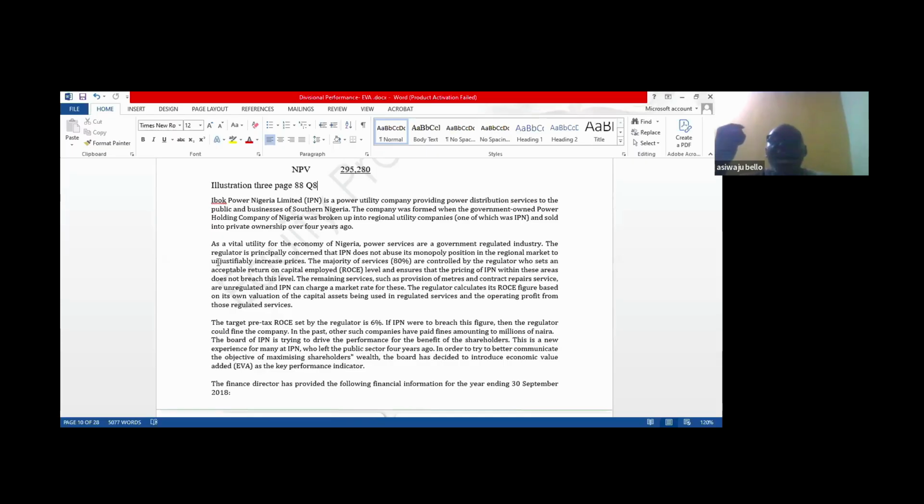The company was formed when the government-owned power holding company of Nigeria was broken up into regional utility companies, one of which was IPN, and was sold into private ownership over 4 years ago.